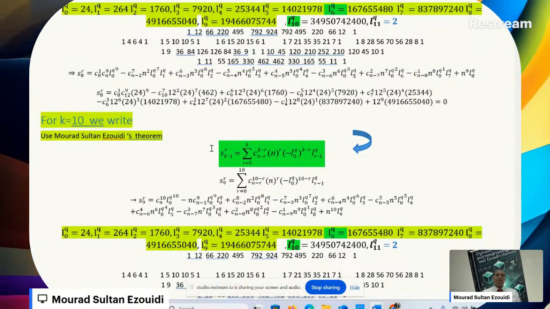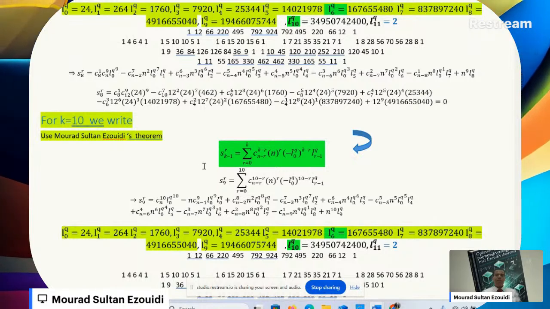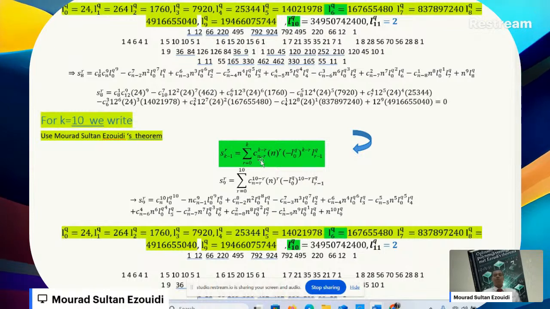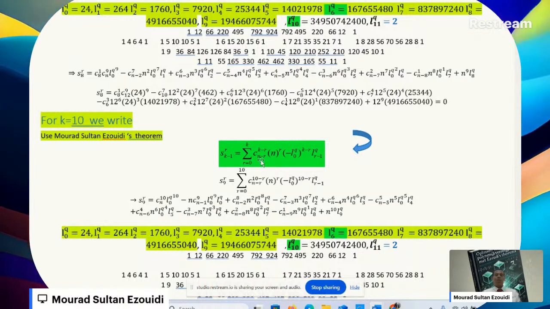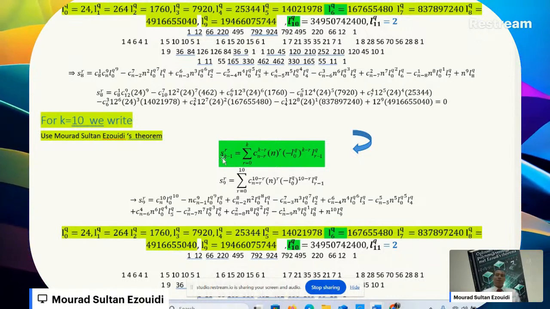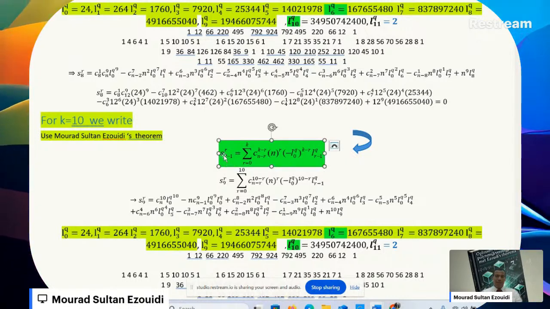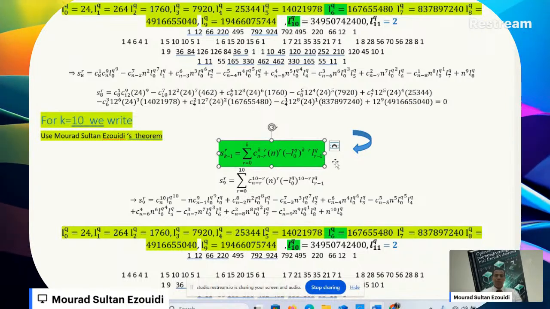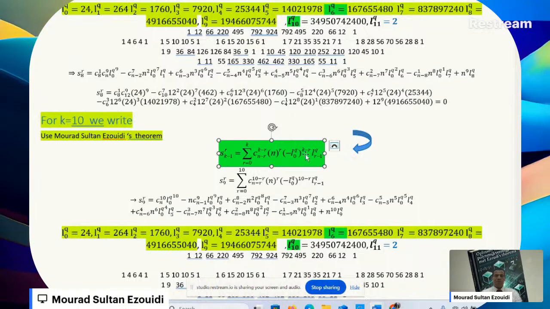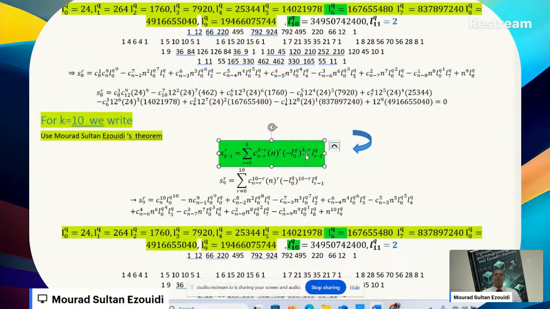If you make the sum here, you will obtain your new square degree equation. In general, you will obtain your new nth degree equation. So what I mean here, I will try to explain this for you, my professors.